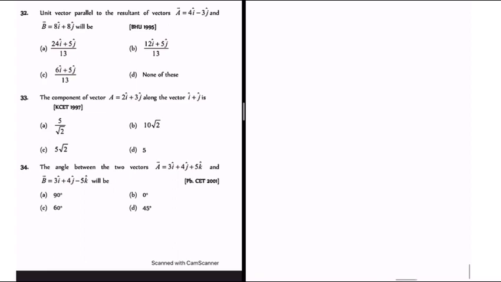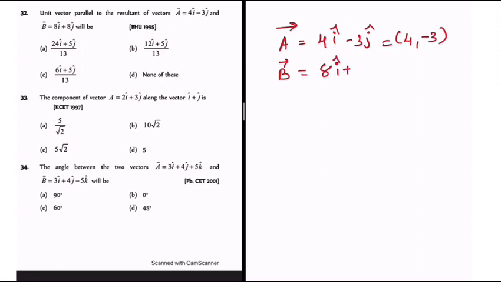32. Unit vector parallel to the resultant of A and B will be parallel to these two. It's okay, let's do it. Resultant of this: A is 4 i cap minus 3 j cap. I write like this, 4 comma minus 3. B is 8 i cap plus 8 j cap, 8 comma 8.